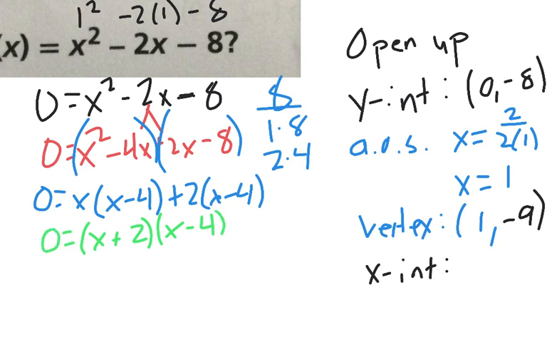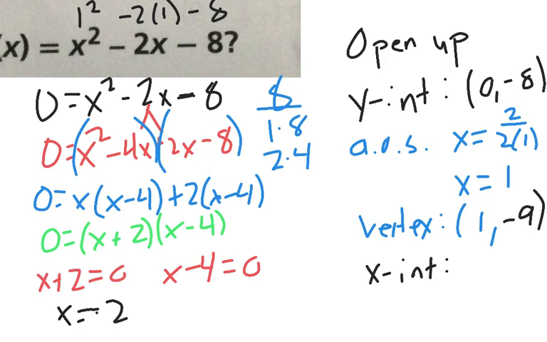Now I have two things multiplied to be 0. That means either the first parenthesis is 0 or the second parenthesis is 0. When I solve, that means x equals negative 2 or x equals 4. That means the x-intercepts are at negative 2 and at 4.